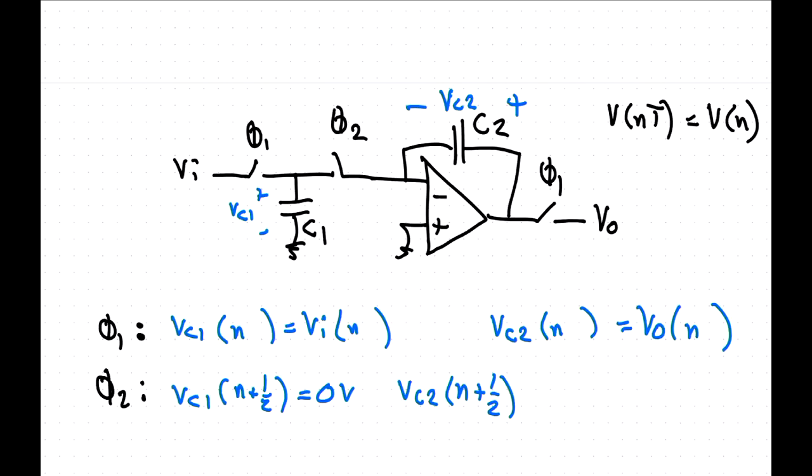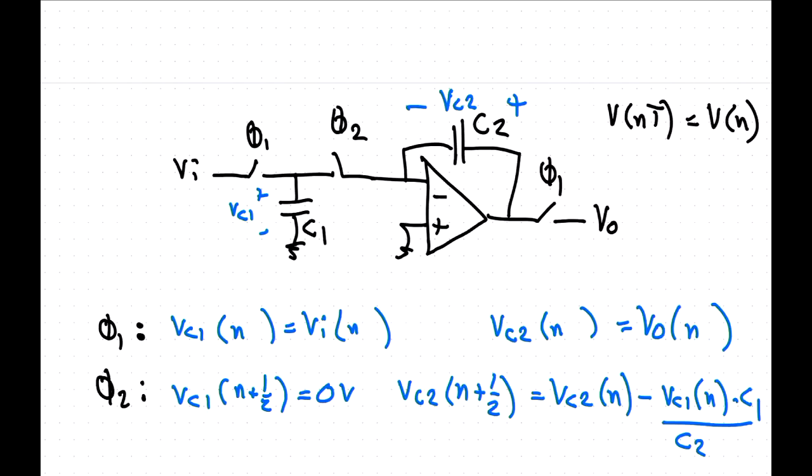So it's going to be VC2 of n, and then it's going to be minus the charge that flows. So that's going to be VC1 of n, the one we had over here. It's going to be the voltage that used to be on VC1 times C1, and then divided by C2. Is that right?